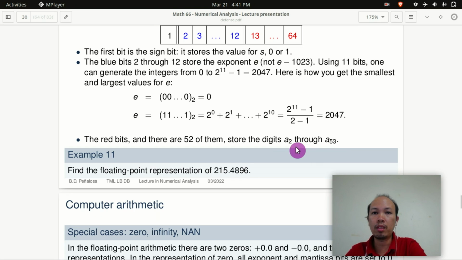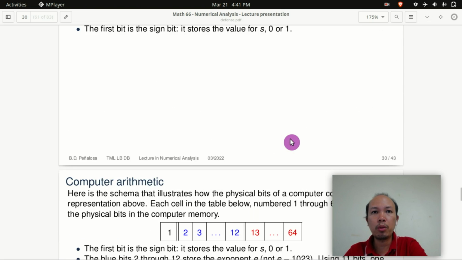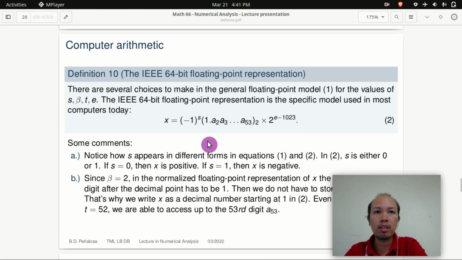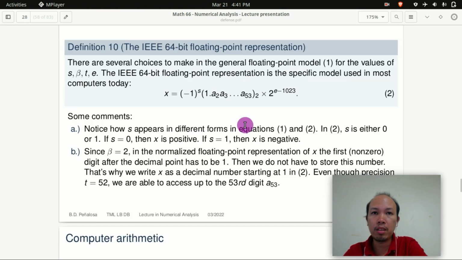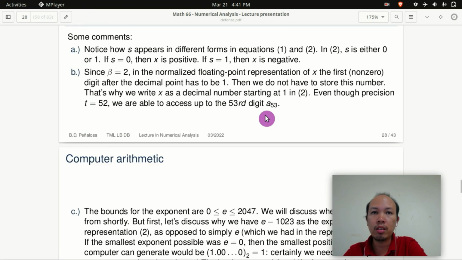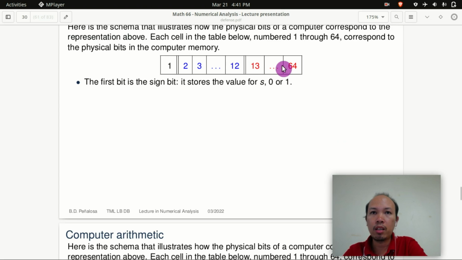So meaning to say, if you look at the IEEE 64-bit floating point representation, these digits from a sub 2 up to a sub 53, this is what we call the mantissa. So from a sub 2 to a sub 53, this red box here.